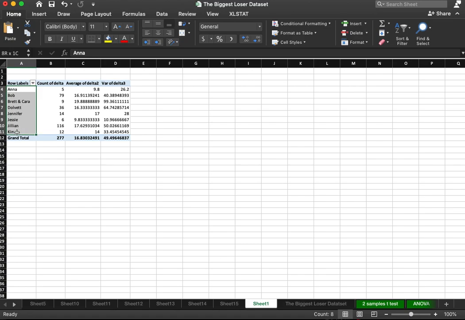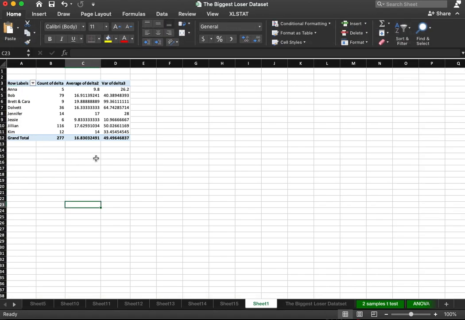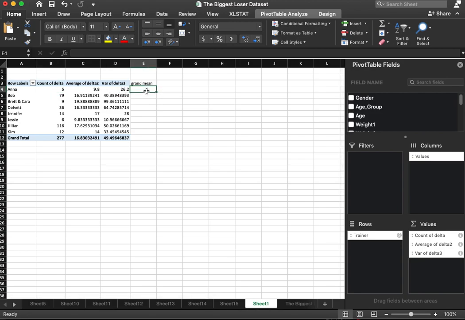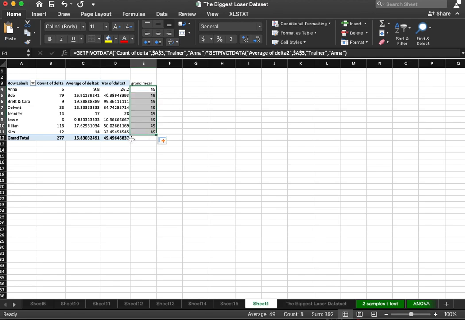So let's compare all of these people together. Do it in a big way. So I need to come up with my grand mean. And that's a weighted average. So we take the count. So this is equal to count times the average all the way down.